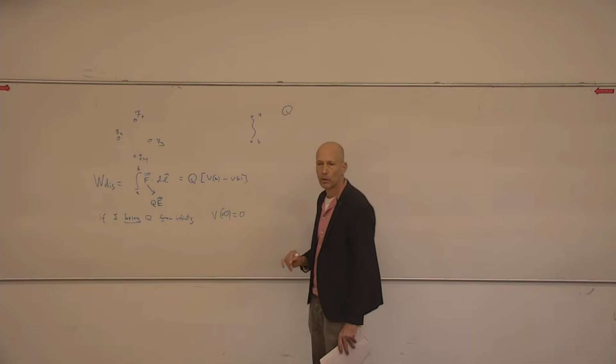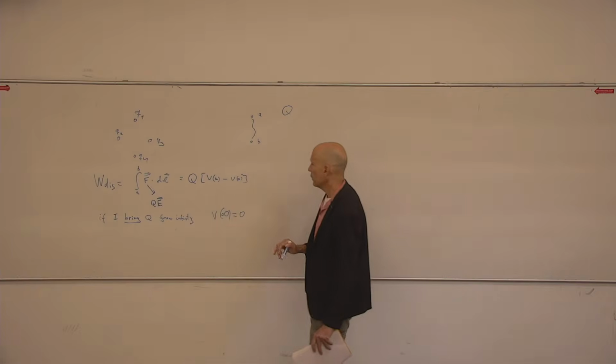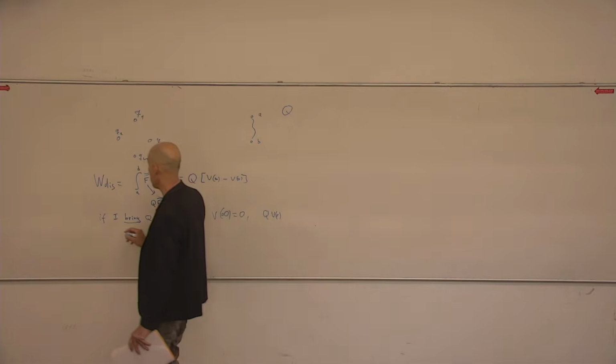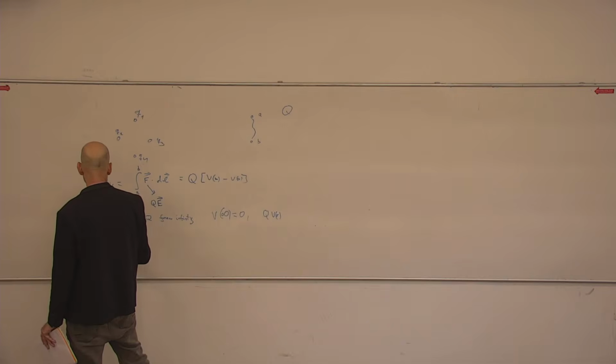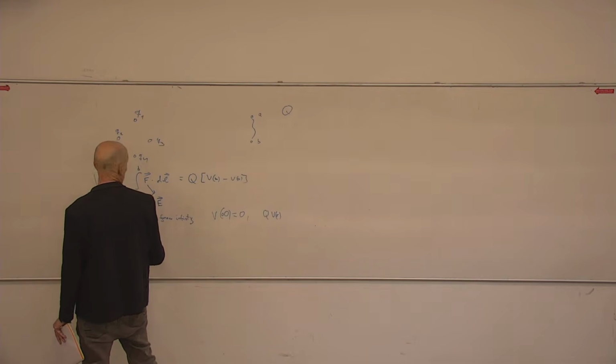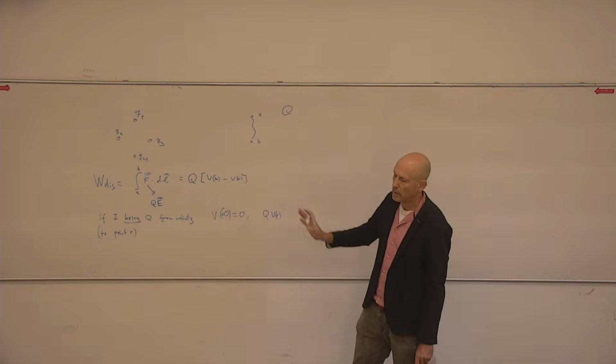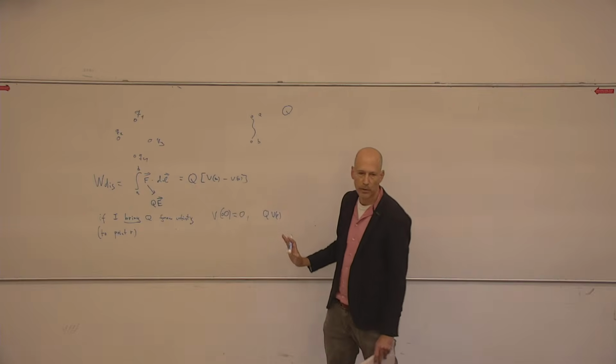I say the potential at infinity is zero, then this will be, let's say, Q VR. What do I mean by bring? I bring it to R, to point R. Okay, so that's good because here I have a potential difference, but if I set one of them to be 0, then it just becomes Q times VR.